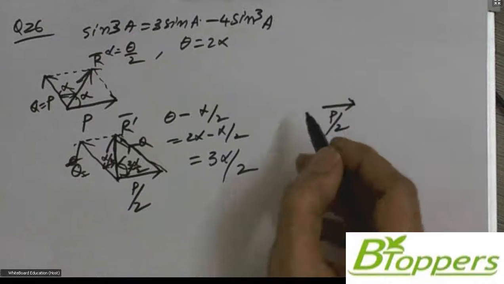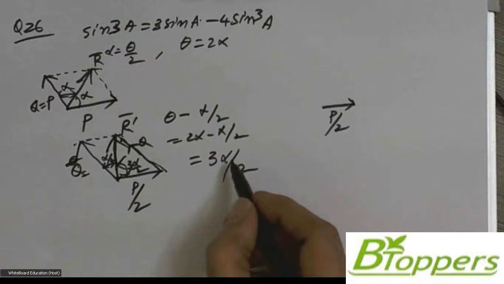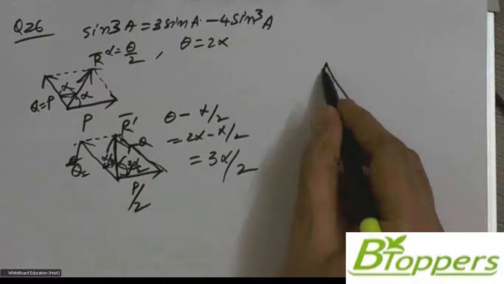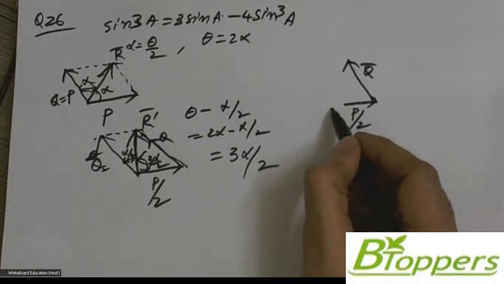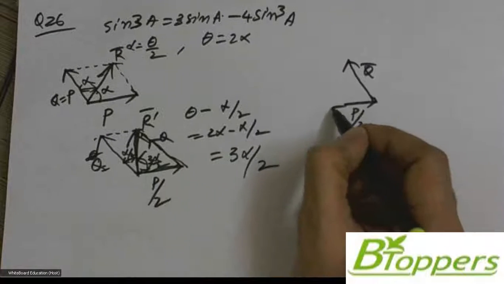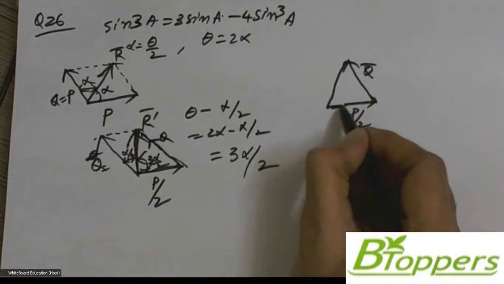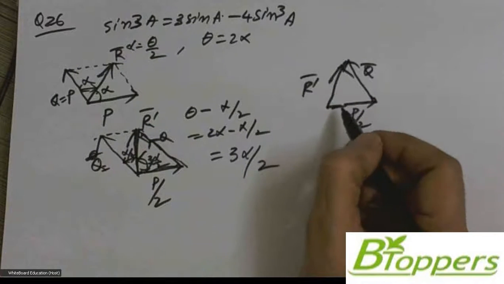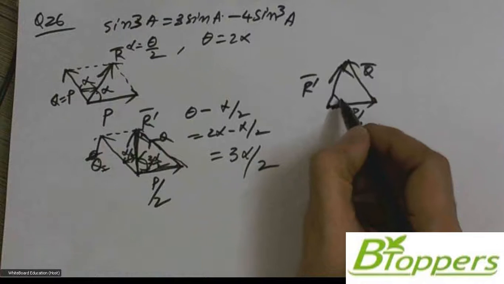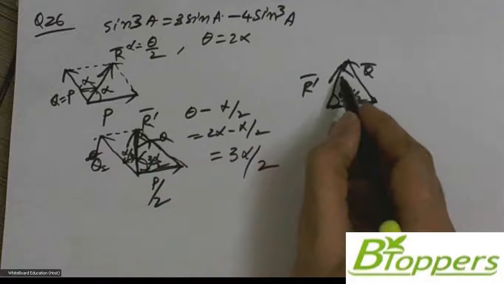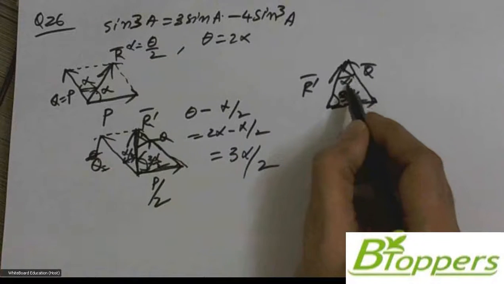This will be Q here. I am showing this triangle separately. And this is the resultant in the second case. This is 3 alpha by 2. This angle will be alpha by 2.